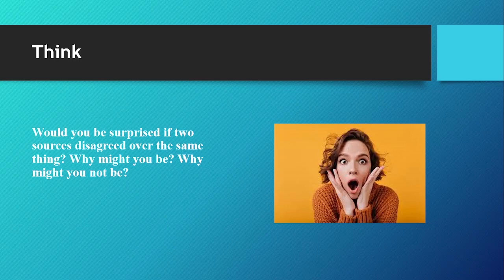And different perspectives from historians, actually. So you wouldn't necessarily be surprised by any of that. But if you have a difference of opinion from, say, the same political party, then you might be surprised. And what I'm trying to get across here is that often in these questions, it's a matter of rational thinking.